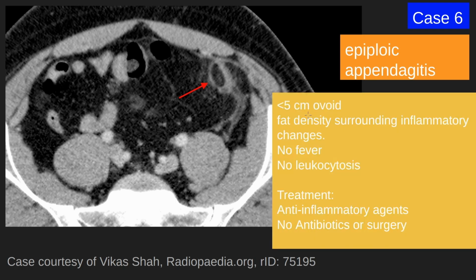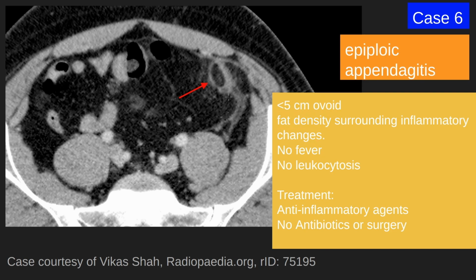The typical imaging appearance is that these epiploic appendagitis lesions are less than 5 centimeters in size and ovoid in appearance, with central fat density. The etiology is that these epiploic appendages hang off the large bowel, and they tend to torse and undergo ischemic necrosis, which is the cause of epiploic appendagitis.